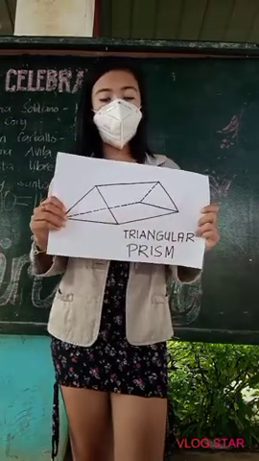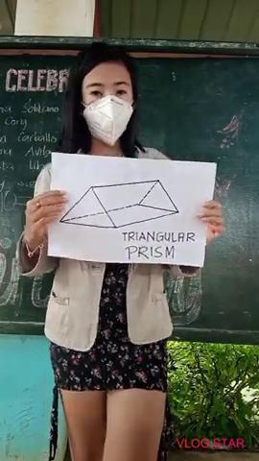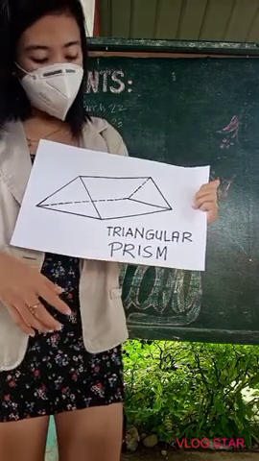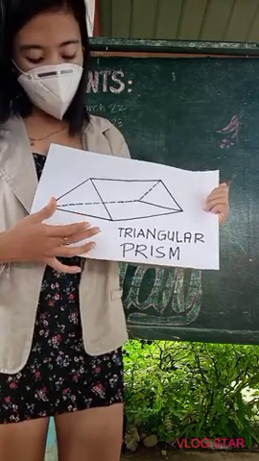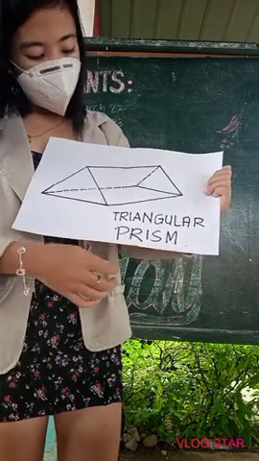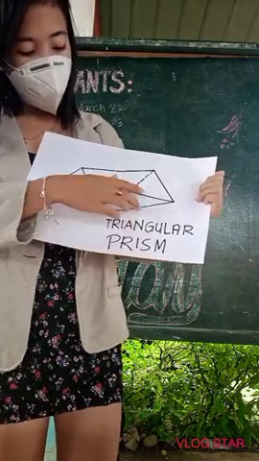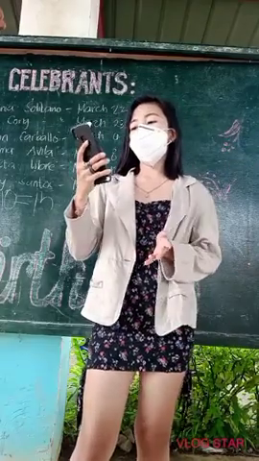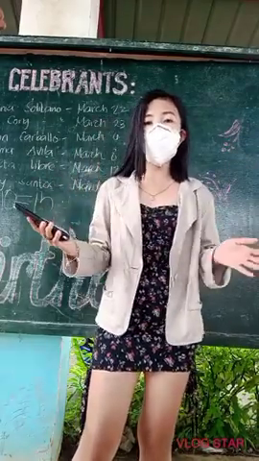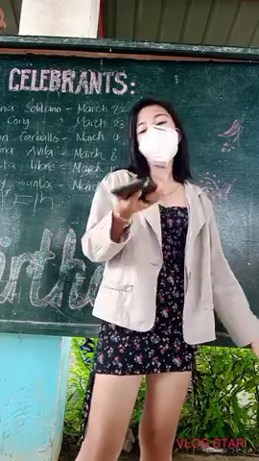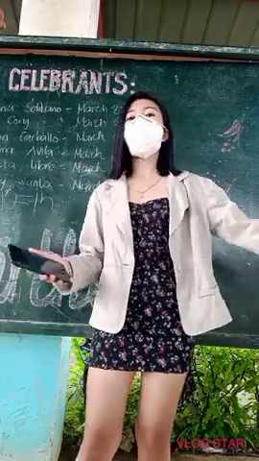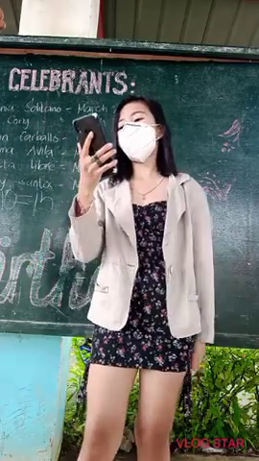The last three-dimensional figure that we will find the volume of is the triangular prism. In the triangular prism, this is the width, this is the base, and this is the height. So what is a triangular prism? In geometry, this is our subject, geometry, correct?